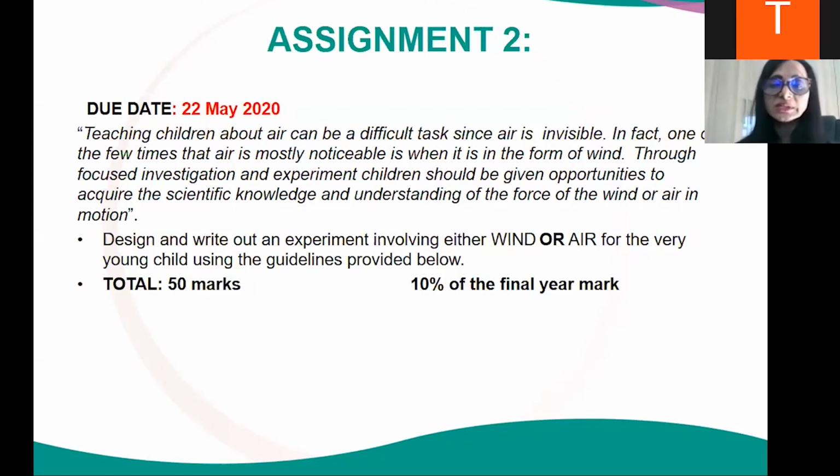I suggest that you do this experiment at home, and as you do it, take photos, and that can be your evidence. Or you can also do it with a little child, maybe your own child, or a relative's child, or a neighbor's child, and you could ask questions and try to get responses from the child.